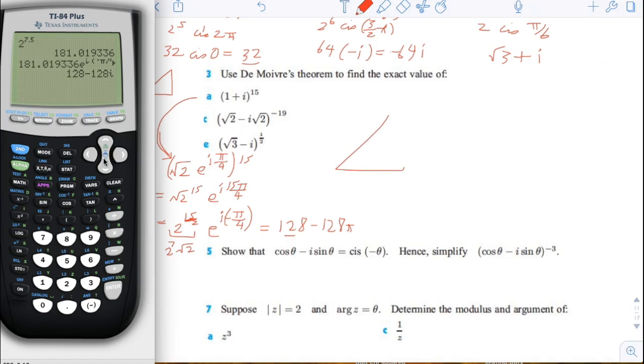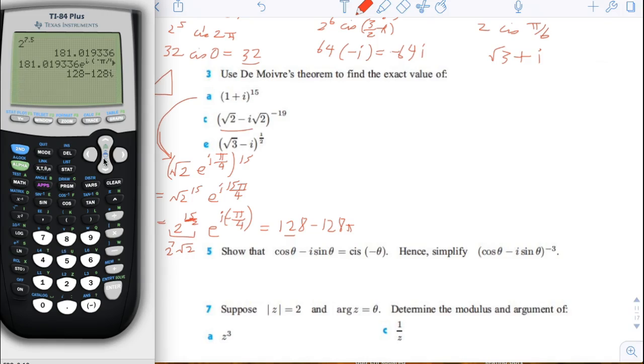Because for example, if you have a 45, 45, 90 triangle and the hypotenuse is 128 times square root of 2, then each one of the legs is 128. That's why the real and the imaginary parts came out to be so nice there.